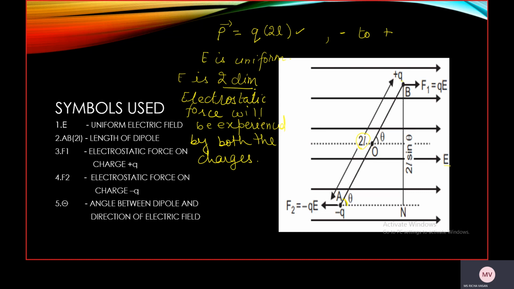So this plus q charge is experiencing a force due to this uniform electric field, and we have already studied that the positive charge experiences the force in the same direction as that of the electric field. So if we say that electrostatic force F1 is on charge plus q, then F1, we know by formula that the electrostatic force will be equal to the product of the charge and the electric field intensity.